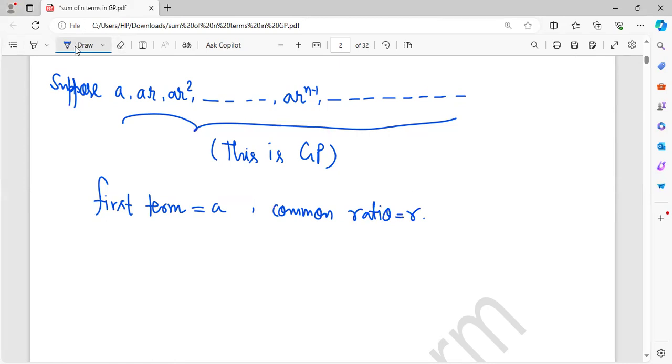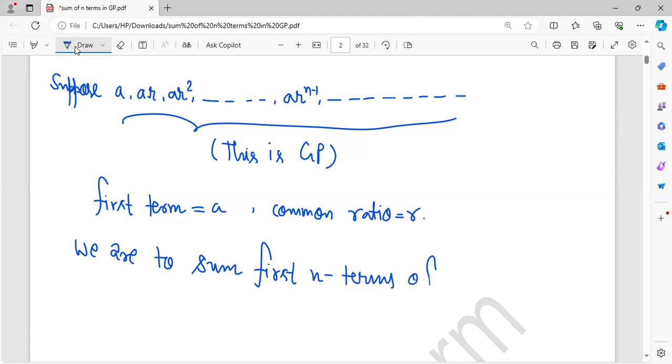We are to sum the first n terms of GP. Let's say it's star.